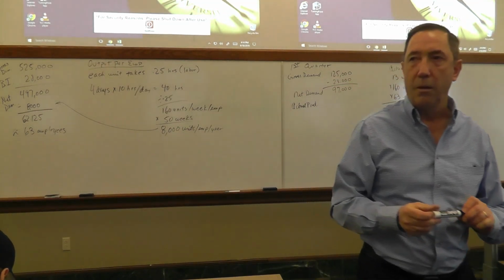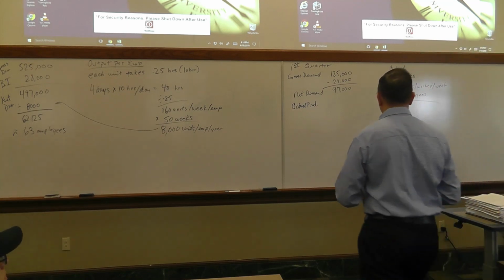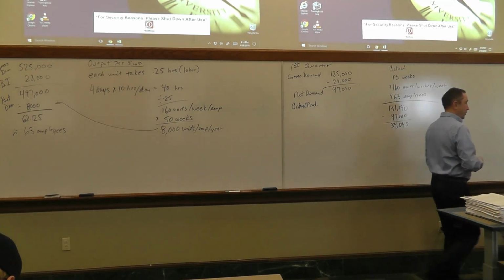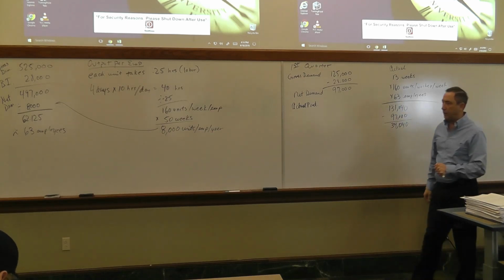Anybody hung up on this? If you are, what's not clear, what can I help you with? If you don't want to ask, that's fine. You'll have this video posted, so you can go back and take a look at it.